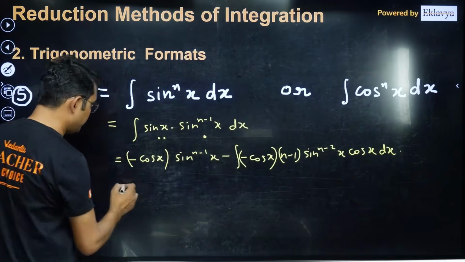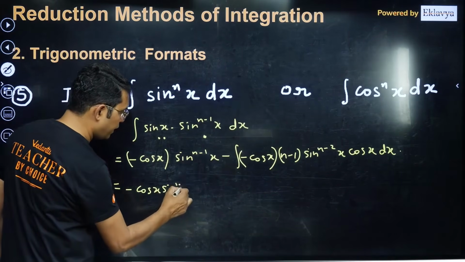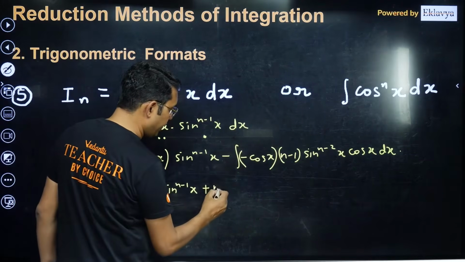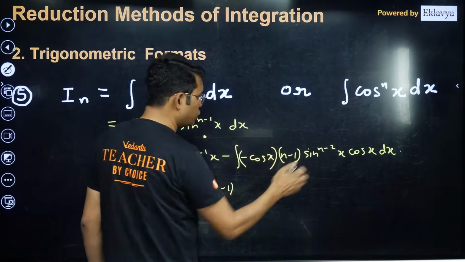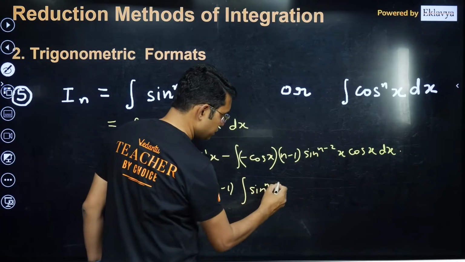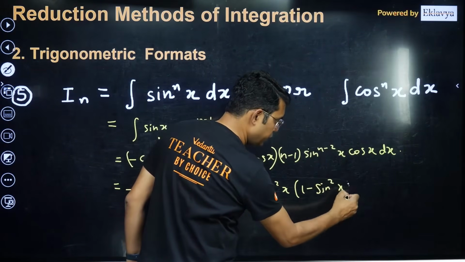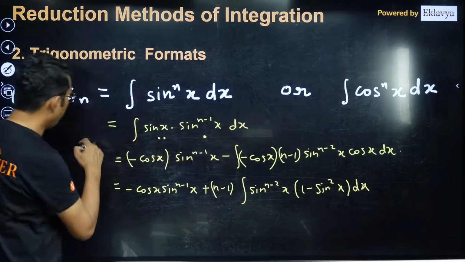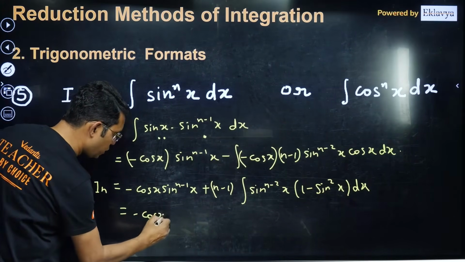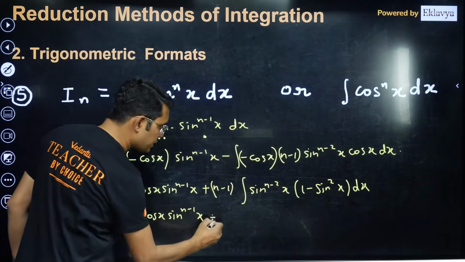Okay, so this becomes minus cos x sine raised to the power n minus 1x plus, you can take n minus 1 common, and this cos square we will be writing as 1 minus sine square x dx.